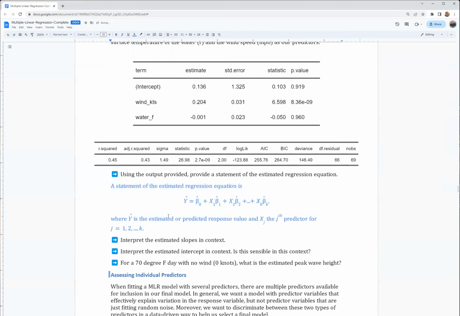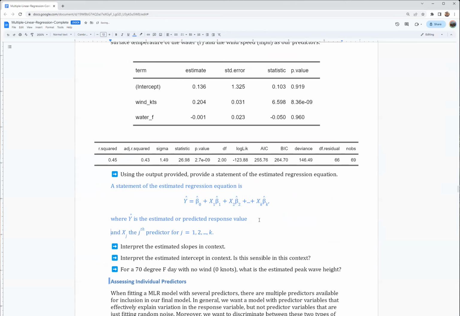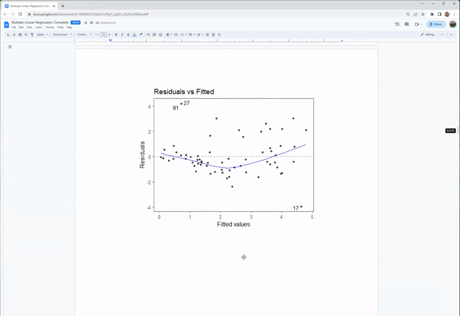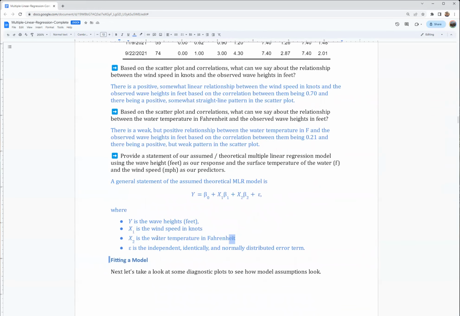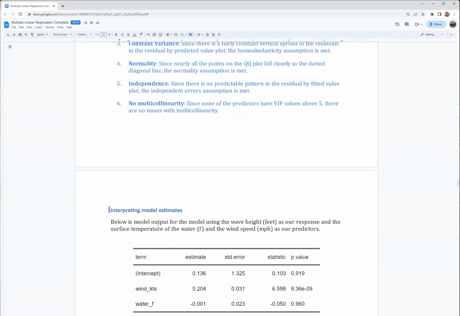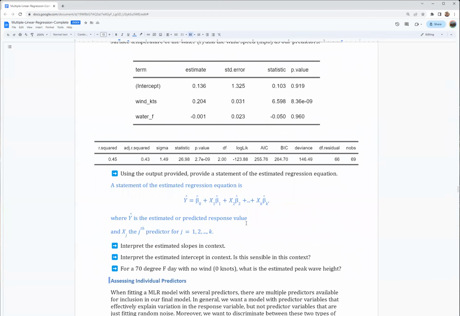What we're going to do here, and we can actually take some of this from the assumed model, is take the definition of the x's and y, although we have y hat now, so we'll be careful about that.